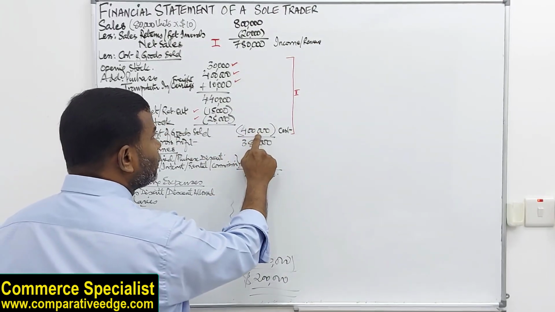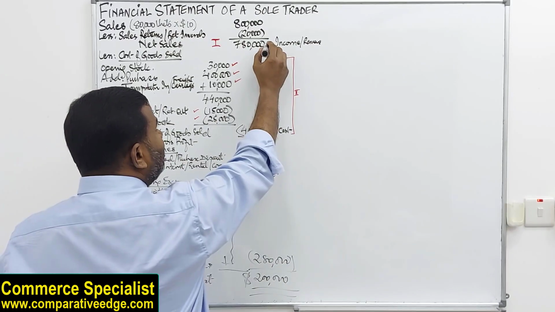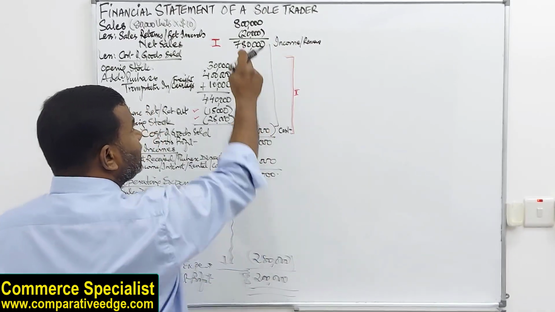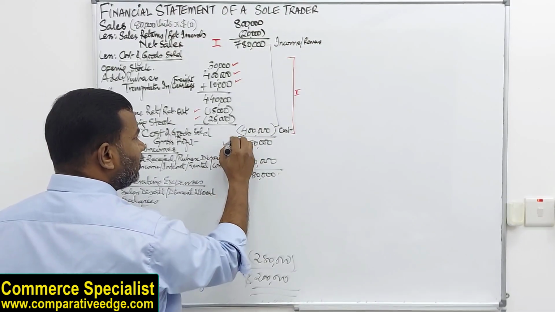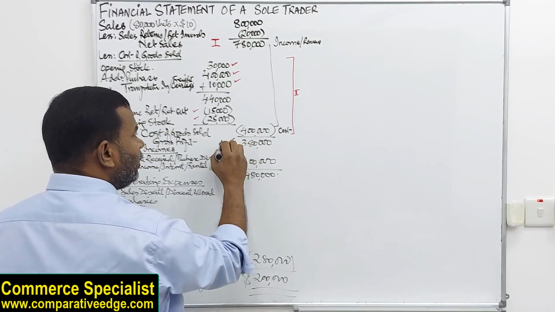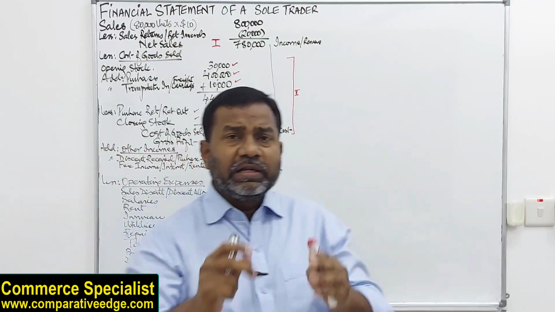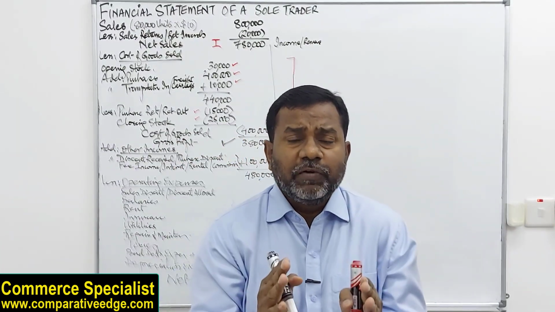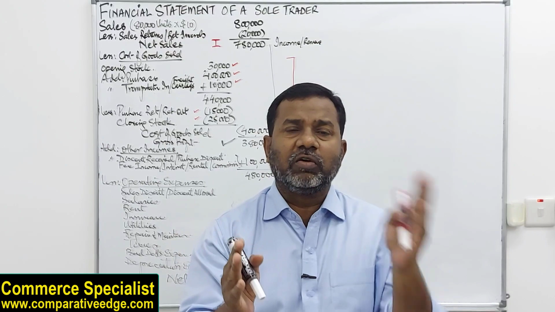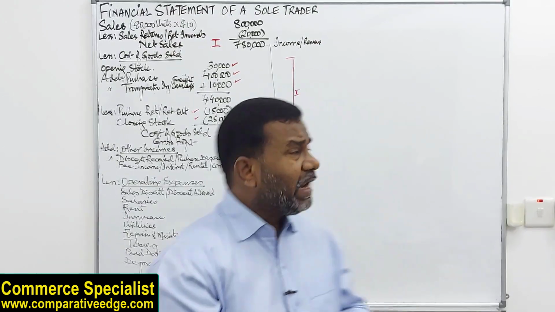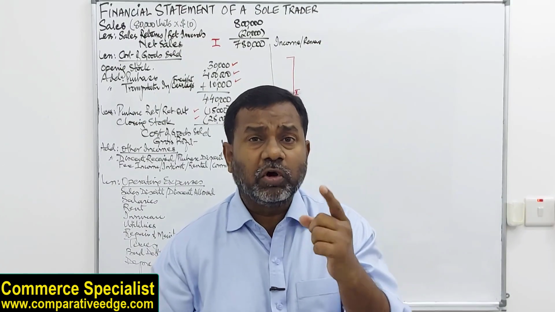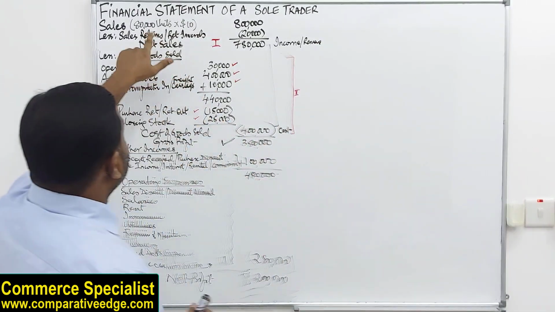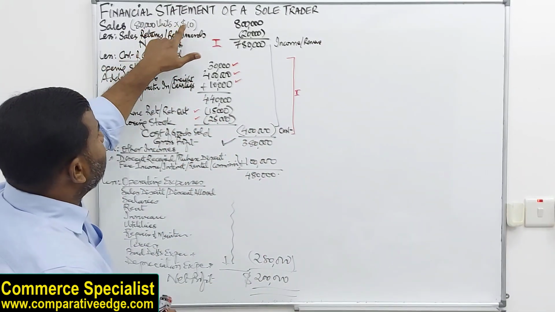Once you get your cost of goods sold, you got to subtract it from net sales. 780,000 minus 400,000 is your gross profit. Now I want you to pay attention here. Technically, gross profit is the difference between selling price and cost price. So when I say sales, I'm not talking about the selling price of one unit. I'm talking about all the units. Look, 80,000 into the selling price of one unit.